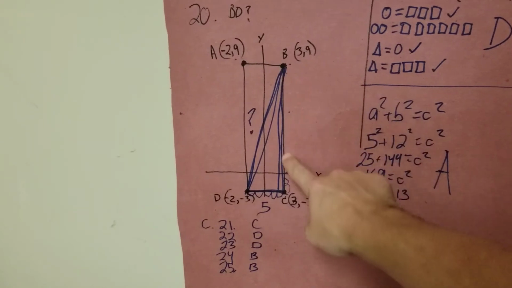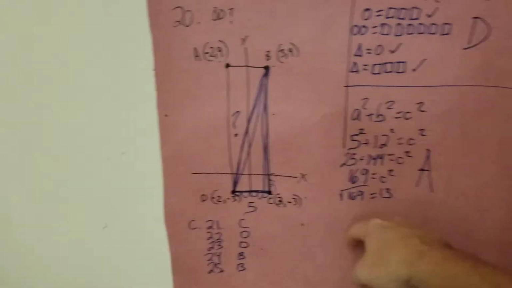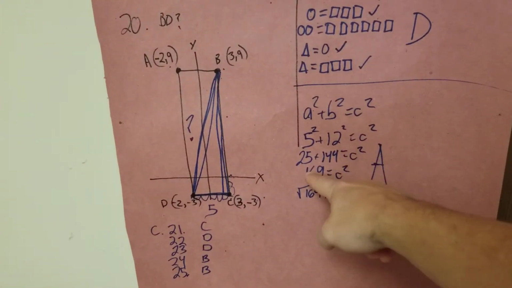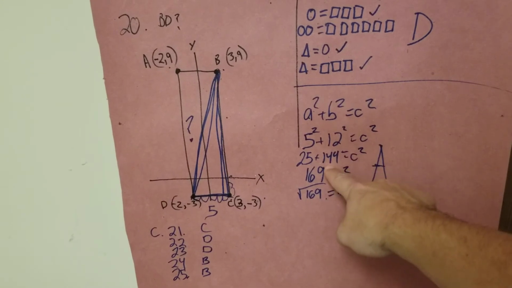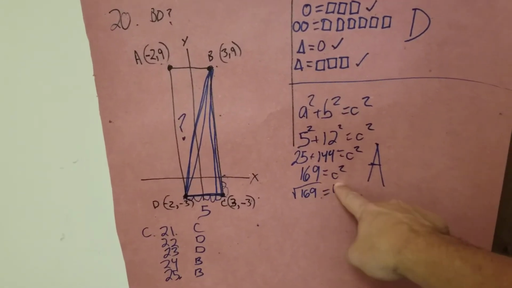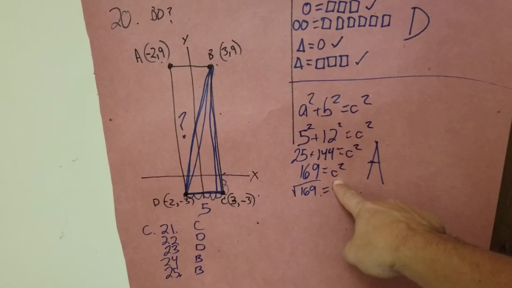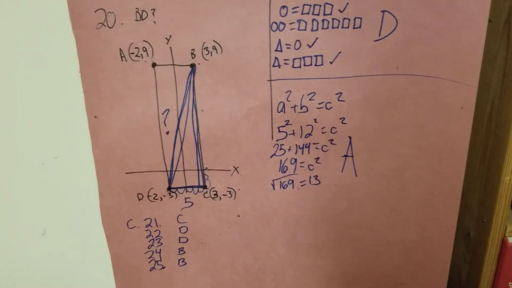So I go 1, 2, 3, 4, 5, 6, 9. And then I have to go -3. So 9, 10, 11, 12. So I'm moving 12. 5 squared is 5 times 5. 12 squared is 12 times 12. 25 plus 144 is 169. That's c squared. I want to know what c is. So the square root of 169 is 13. That gives me a.